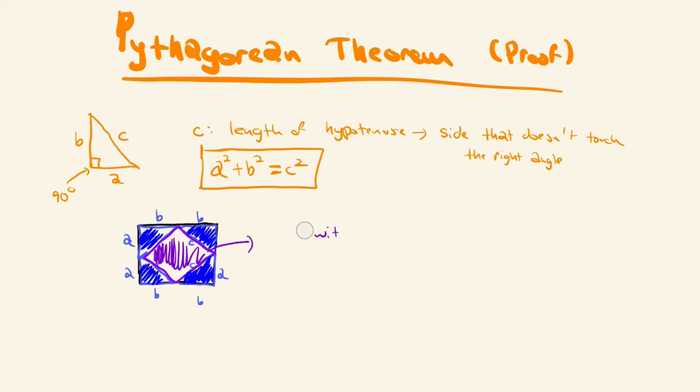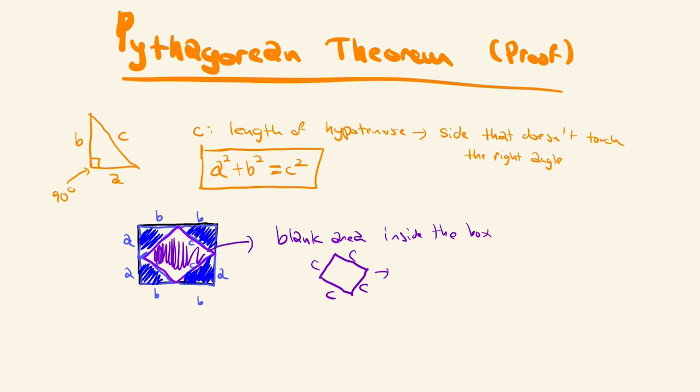So this is the blank area inside the box. Well, that's just a rotated square. It's like a diamond, where this is C, C, C, and C. That's how we drew it.